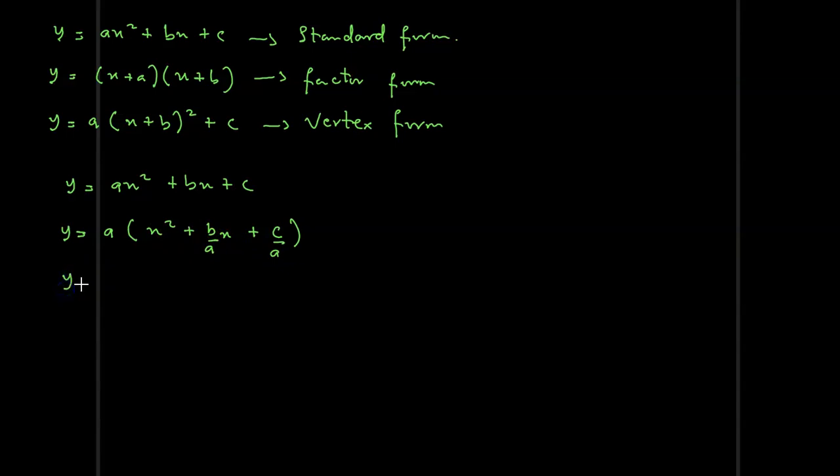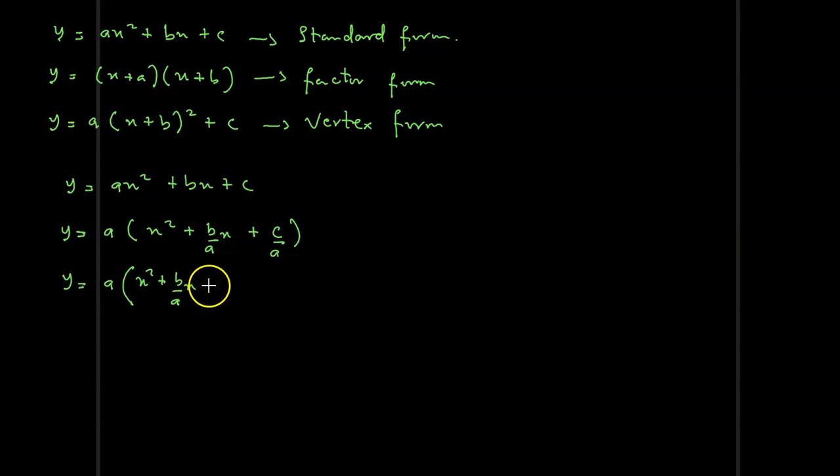So we still have y is equal to a into bracket x squared plus b on a x. Then we select the coefficient of x, which is b on a, half it, square it, add and subtract to the expression.